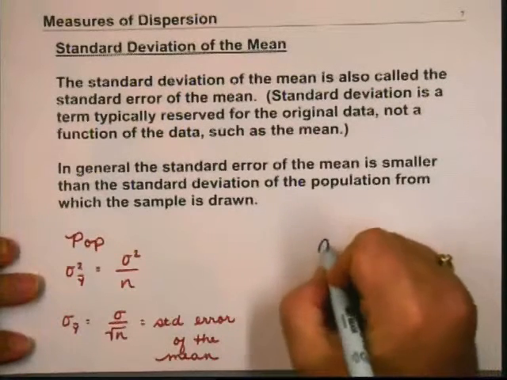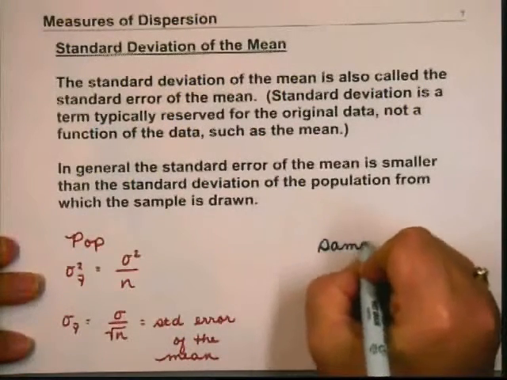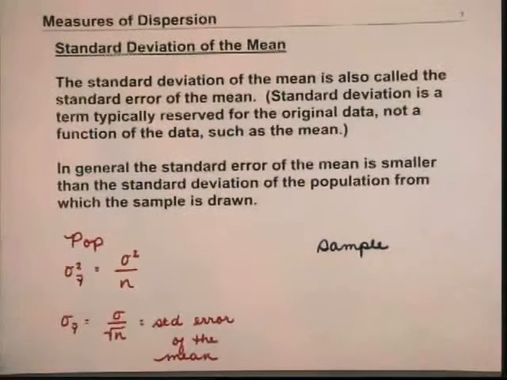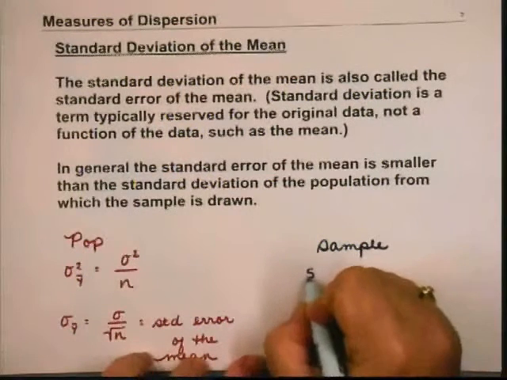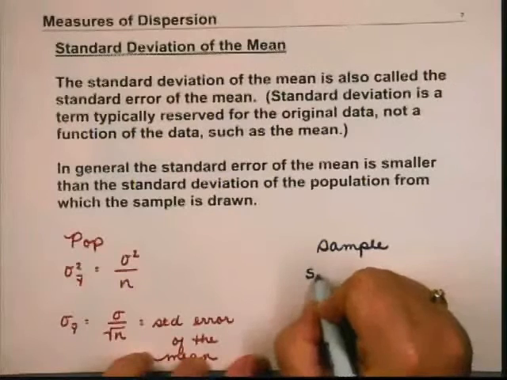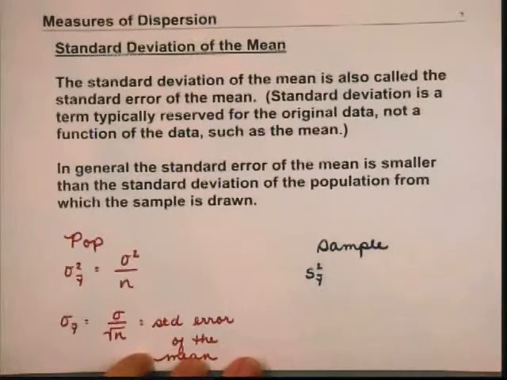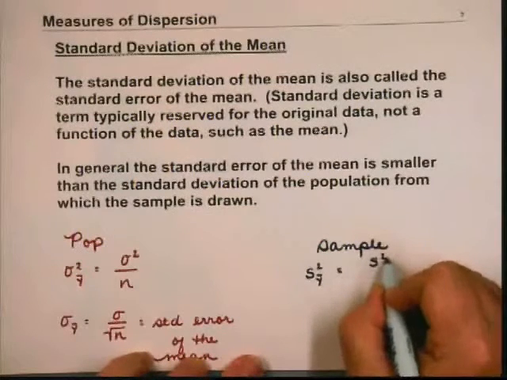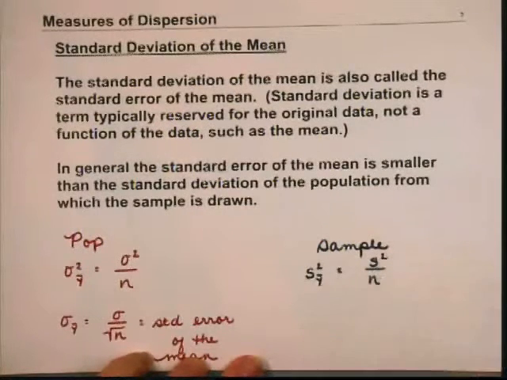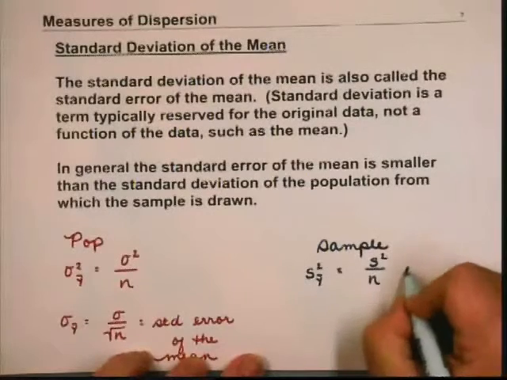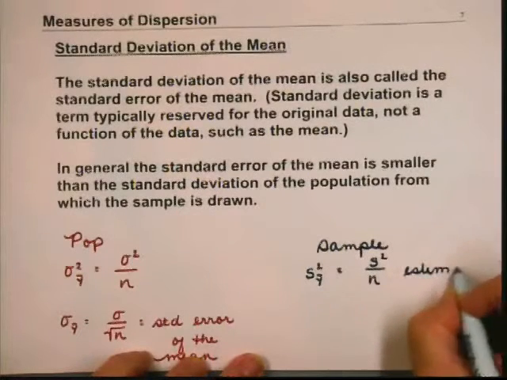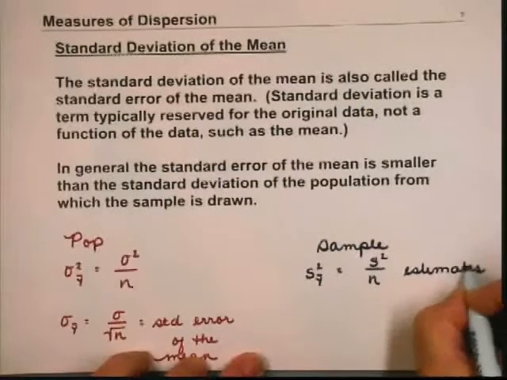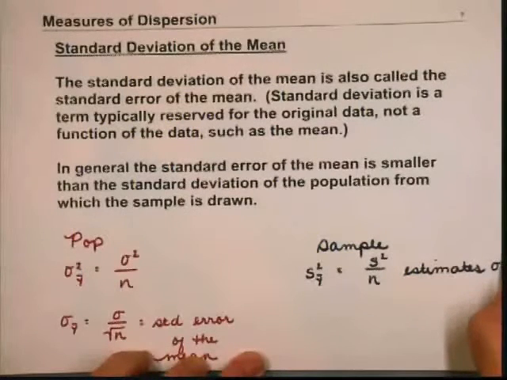Now for our samples, we are going to write this as lowercase s with subscript y bar, squared. This is equal to the sample variance s squared divided by sample size lowercase n. This estimates sigma squared y bar.